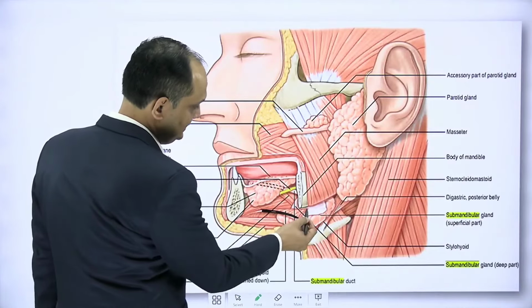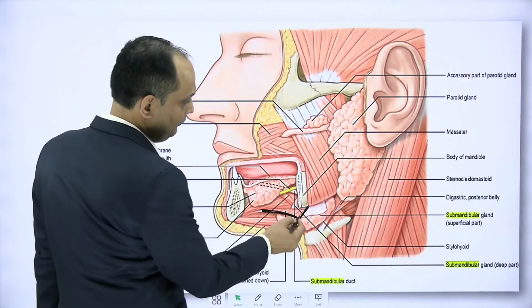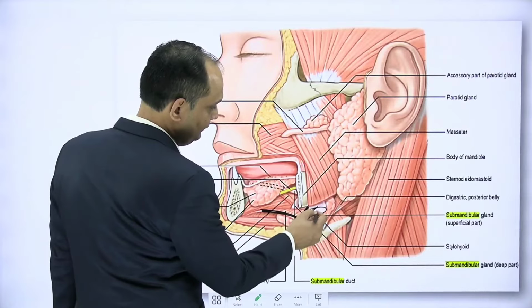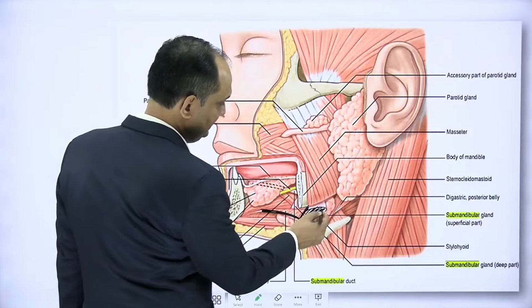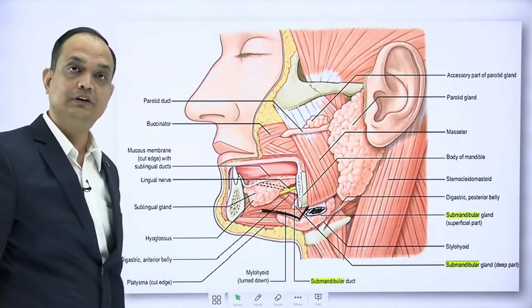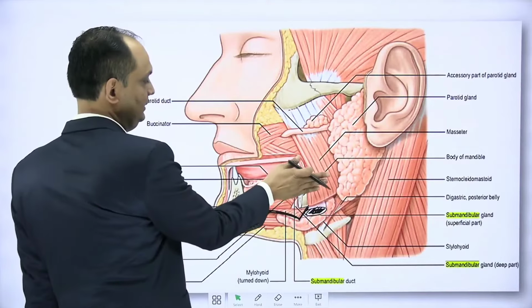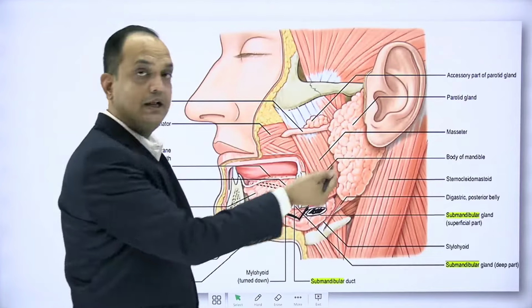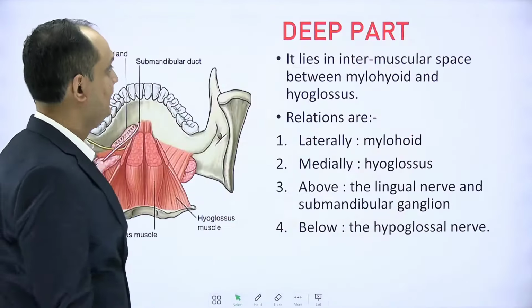Now you can see that this mylohyoid has the posterior free margin which ends here only. Now this remaining portion of your superficial surface, which represents the intermediate part of the medial surface of the superficial gland, when you put it in position, you will realize that it also faces medially and it will touch the hyoglossus muscle.